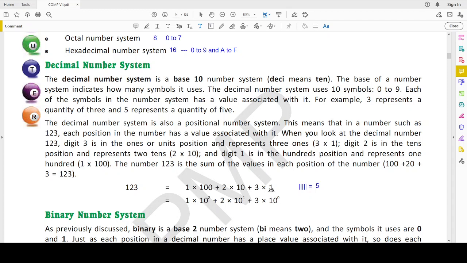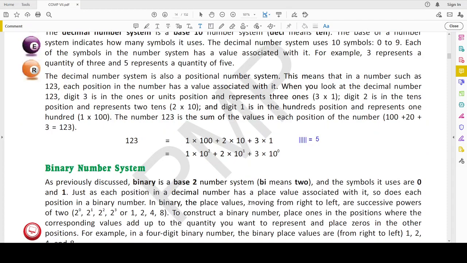Anything to the power 0 is 1. 10 to the power 1 means 10. 10 to the power 2 means 100. So 1 into 10 to the power 2, 2 into 10 to the power 1, 3 into 10 to the power 0. So 1 into 100, 2 into 10, and 3 into 1. Right? So in that way you get 123 as the sum of the values in each position of the number. Okay.